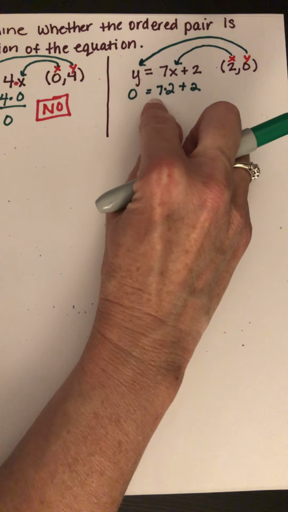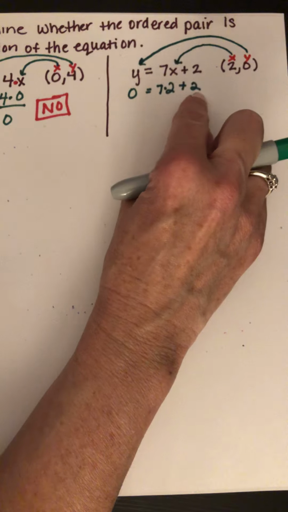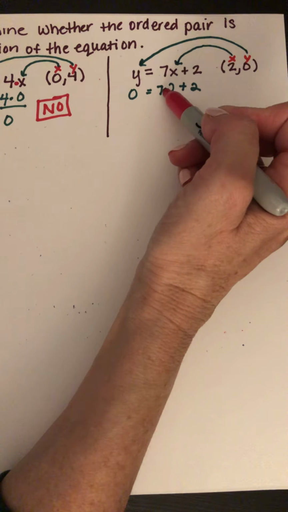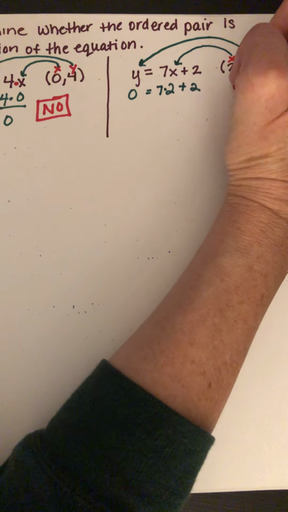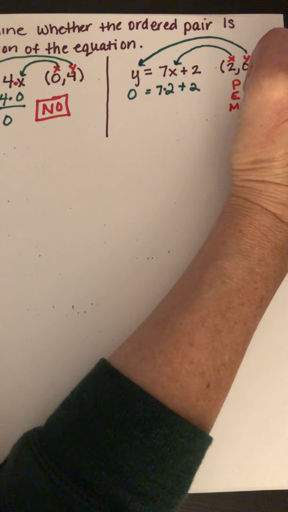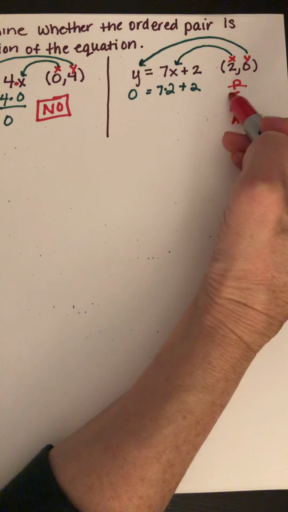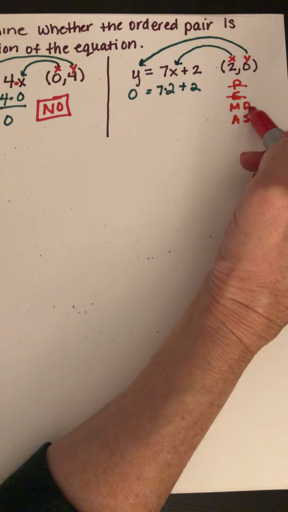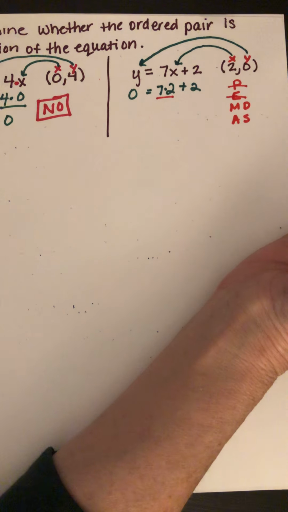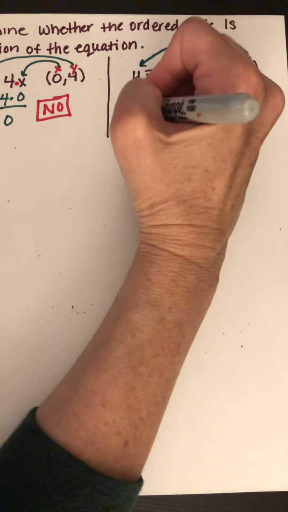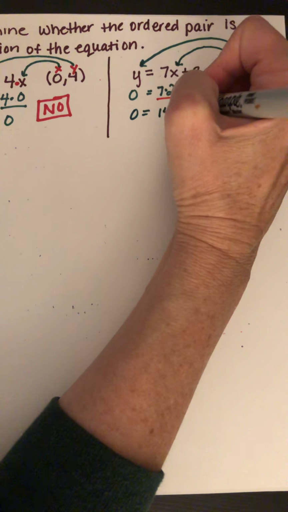Now you can see here I have 7 times 2 plus 2. That brings me back, because I have more than one operation. I have multiplication and adding. So I go back to my good old friend PEMDAS. No parentheses, no exponents, but I have multiplying and dividing first. So I'm going to do 7 times 2. 7 times 2 is 14, so 0 equals 14 plus 2.